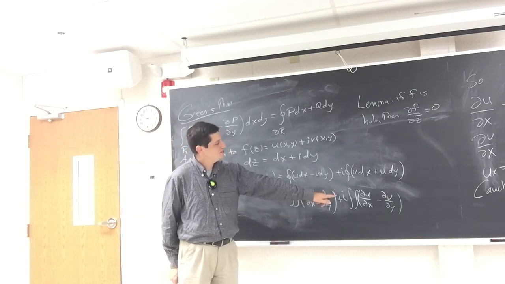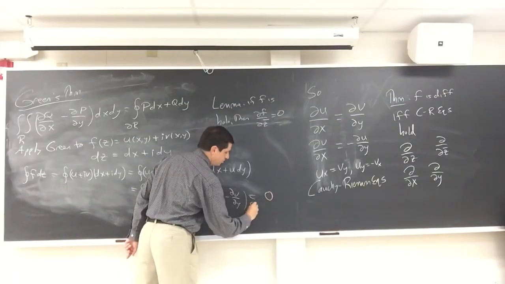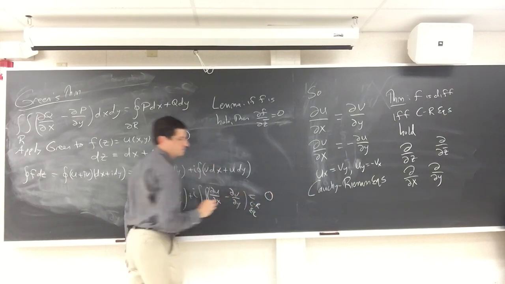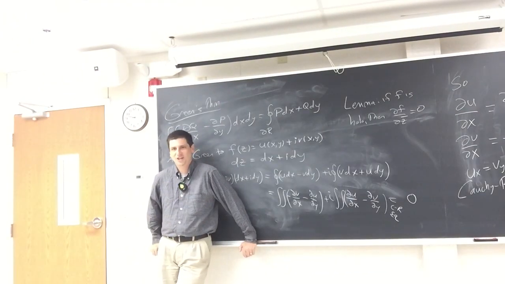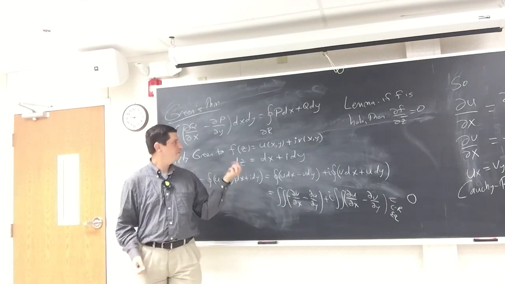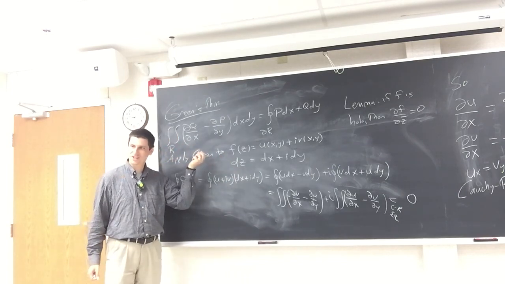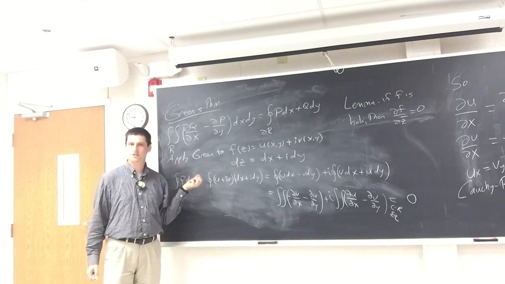What is du dx minus dv dy? So this equals zero by the Cauchy-Riemann equations. So what we've just shown, and this is like a physics proof, is that if you take a function which is differentiable and integrate it along any closed curve, you get zero.